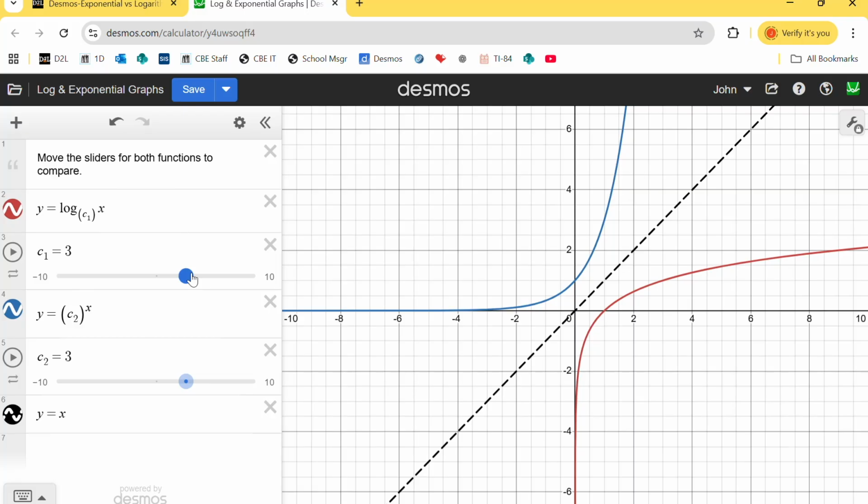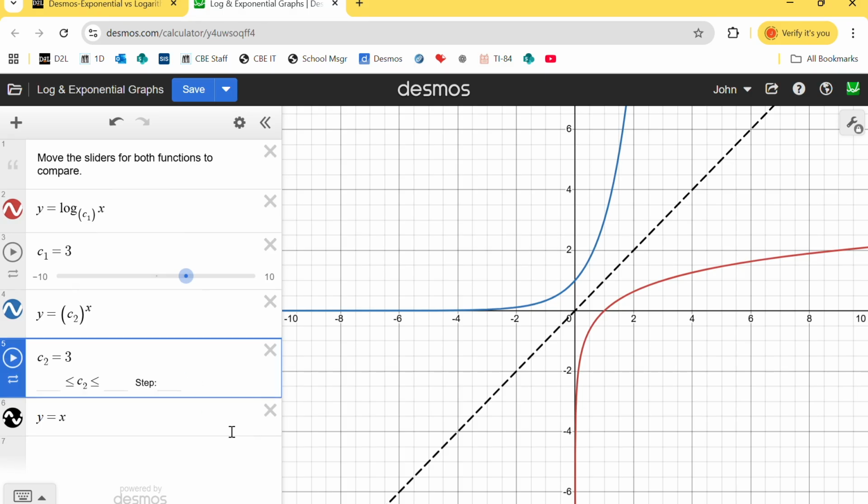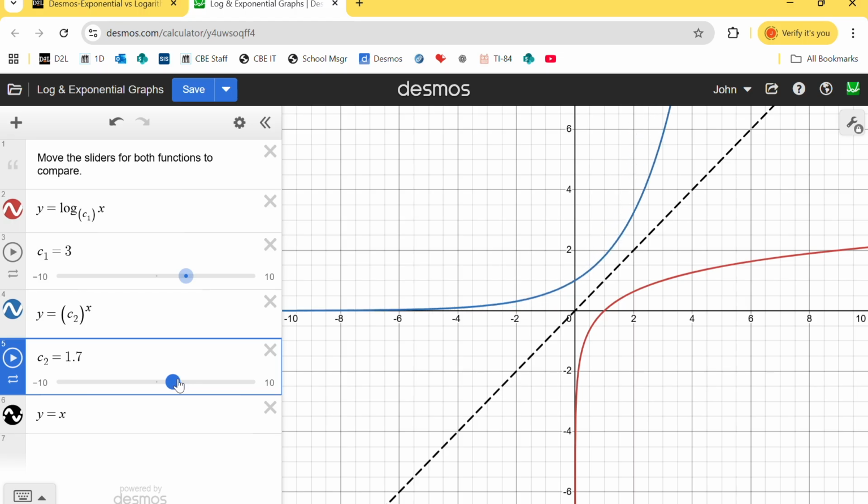They're mirror images across the y equals x line. Okay, what happens for the exponential function when I go less than 0? So let me back up. Let's go to c equals 3, the base equals 3.